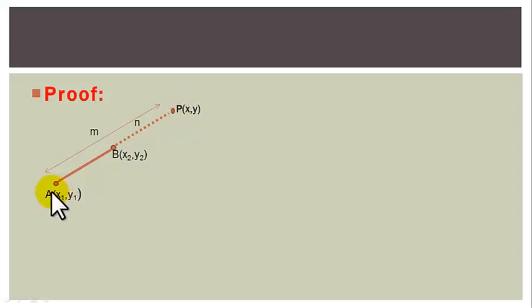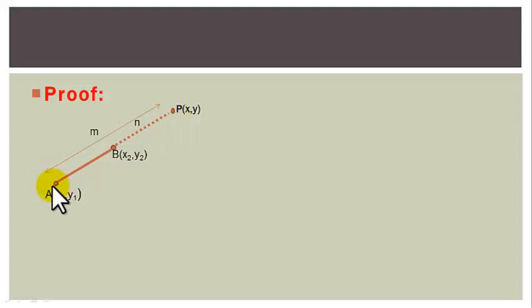So the ratio AP to BP is m to n. So from A to P is m, and from B to P is n. Again, we construct right angle triangles with sides AP as hypotenuse and BP as hypotenuse respectively.